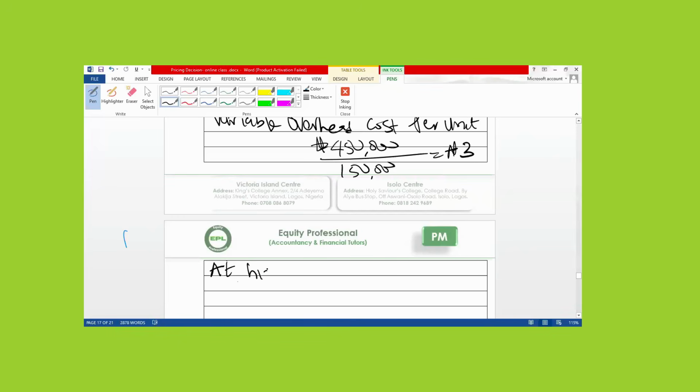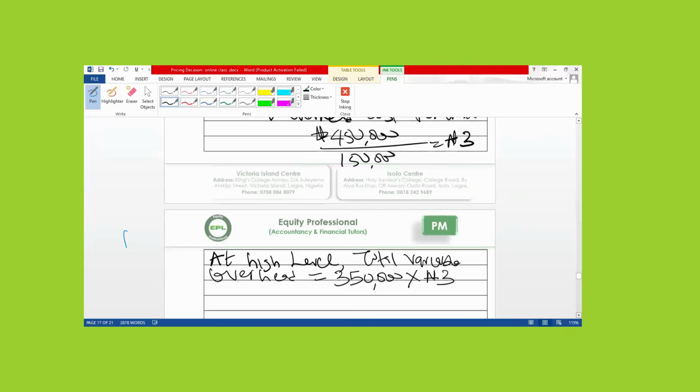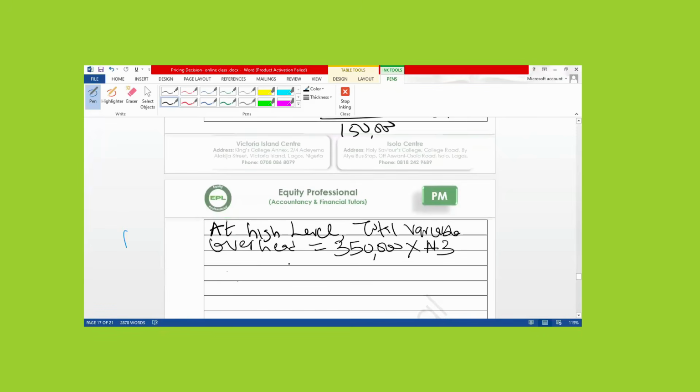At high level, total variable overhead is equal to 350,000 units times variable overhead per unit of 3 naira. What is total variable overhead? 1,050,000.